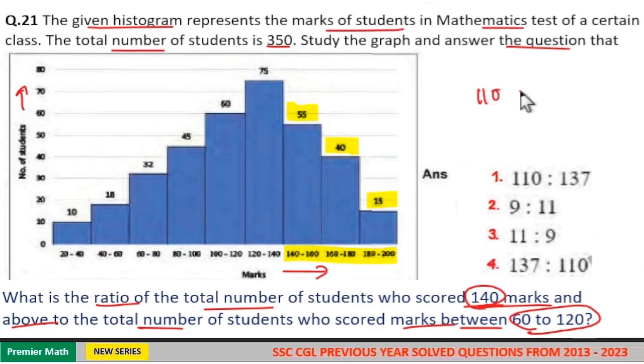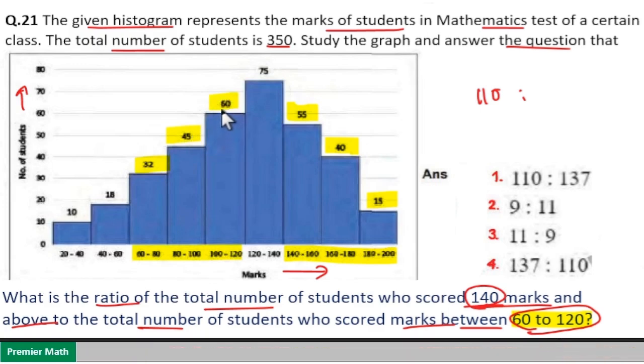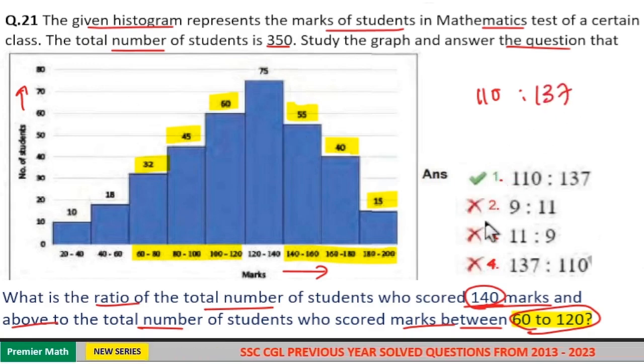So 110 is to, we need students who scored marks between 60 to 120. 60 to 120 is this one, that is 32 plus 45 plus 60, 60 plus 45, 105, 105 plus 32 is equal to 137. So, ratio is 110 is to 137. Option 1 is your answer.